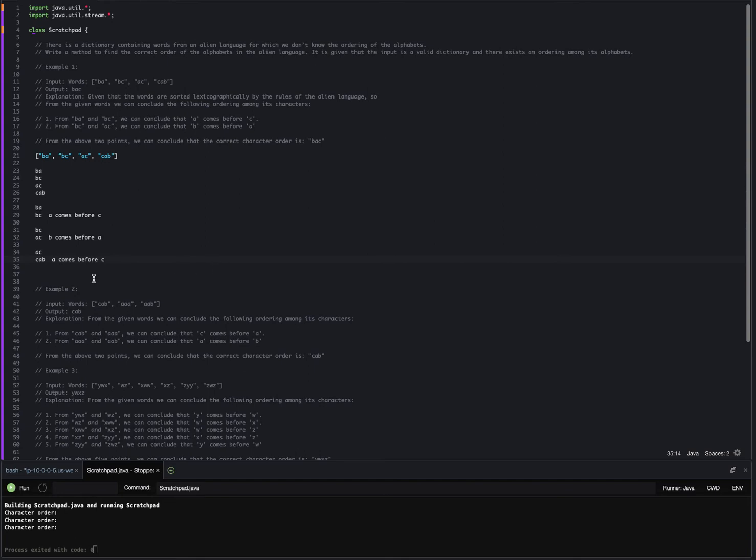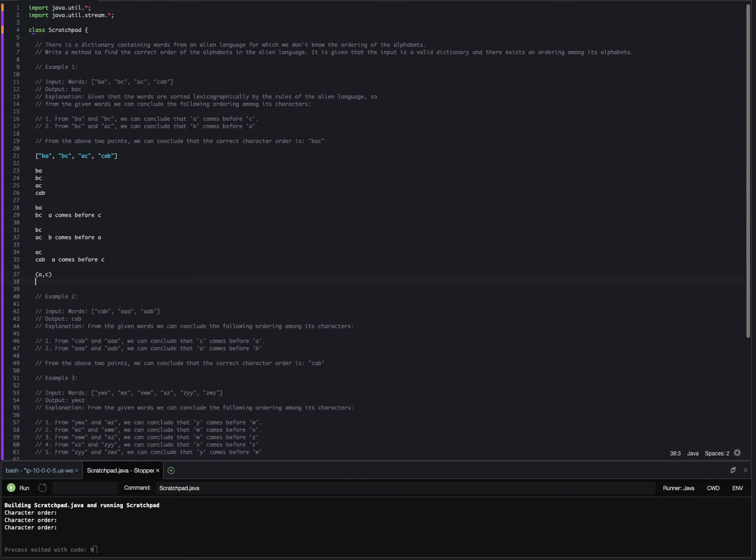Right, so we can say that C has a dependency on A, right? So if we were to write C, then we should write A first, if we want the words to be sorted, of course.